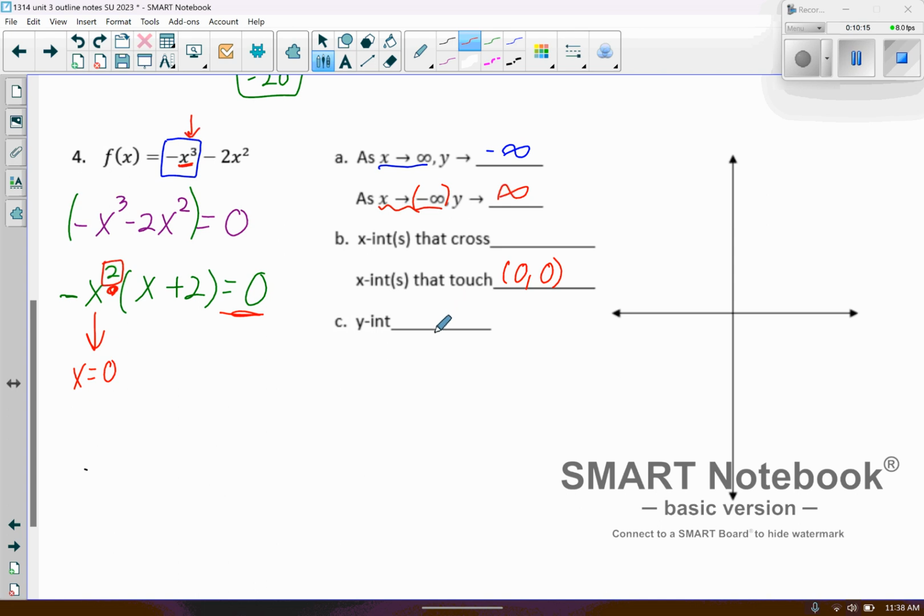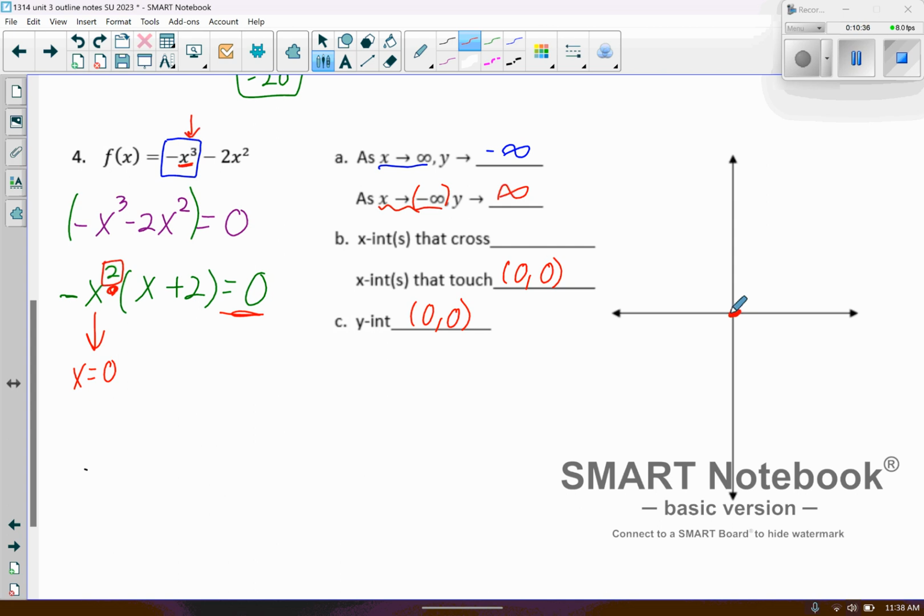So when x is 0, y is 0 right there. And to be honest, that happens a lot. The y-intercept ends up typically being 0, 0. And that will always happen if I get that for my x-intercept because it's right there at the origin and they share that point.